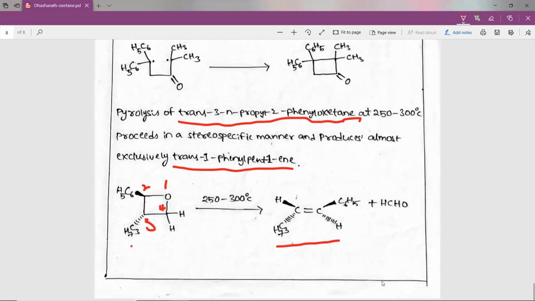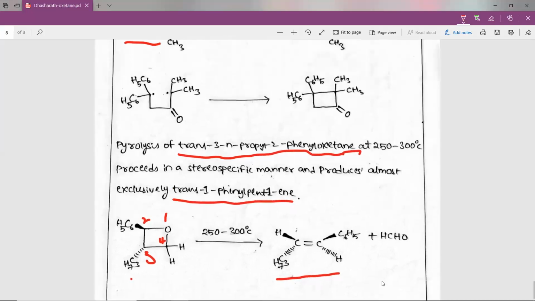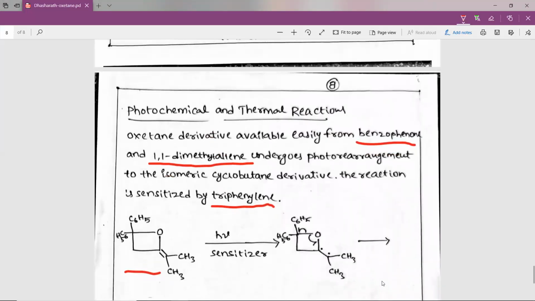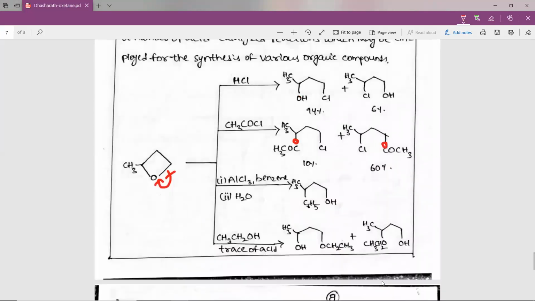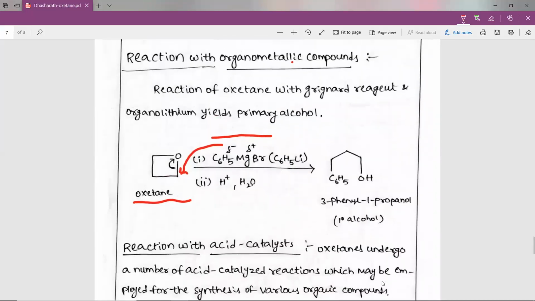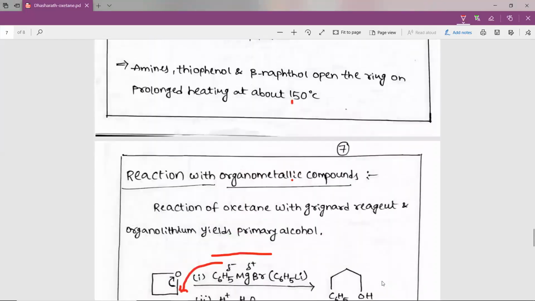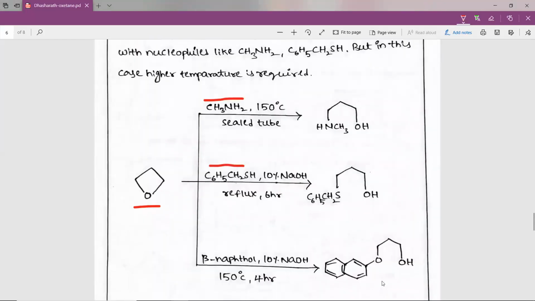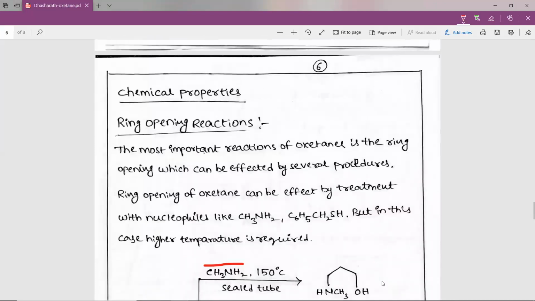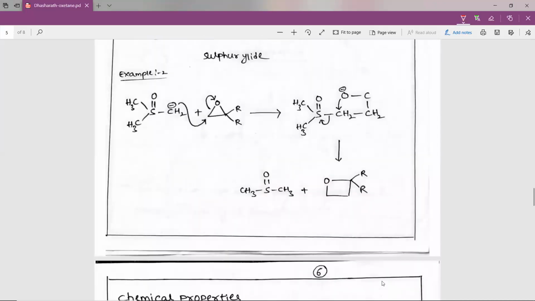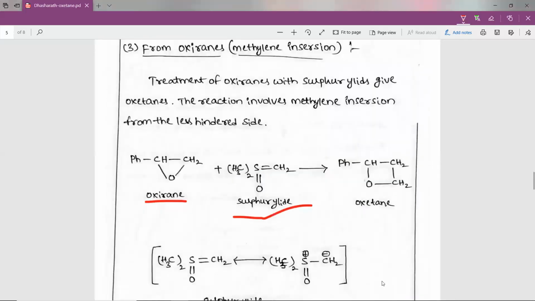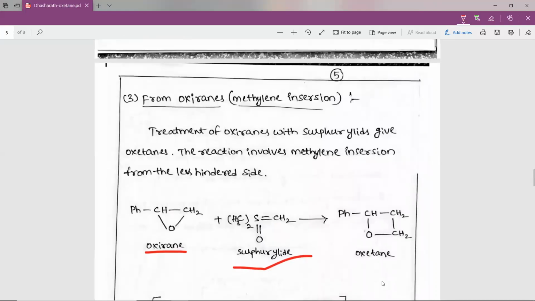These are some chemical reactions of oxetane: photochemical and thermal reactions, reaction with acid catalysts, reaction with Grignard reagents, and ring opening reactions. And under methods of synthesis, it can be prepared from the three-membered heterocyclic ring system, oxirane, which can be converted into oxetane.